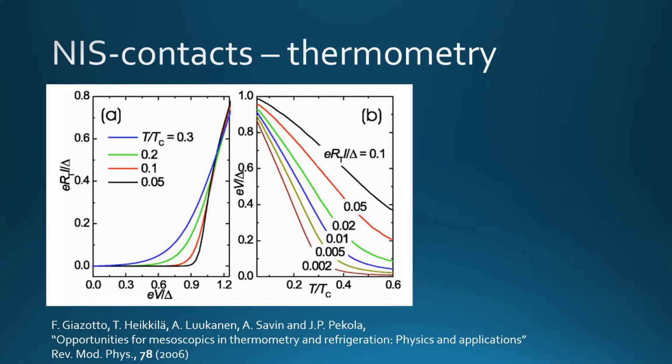To measure the temperature, we can fix the bias current at some value, and then if we change the temperature, the voltage across this junction also changes. So using this thermometry, we can connect this temperature with the voltage across the NIS junction at a fixed current bias.